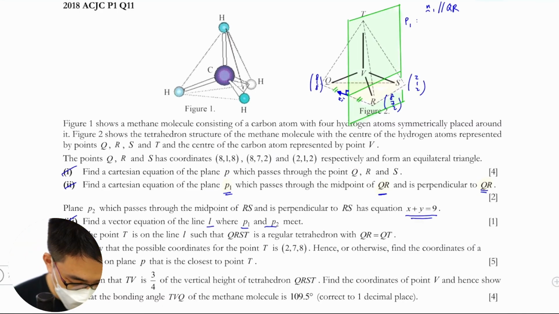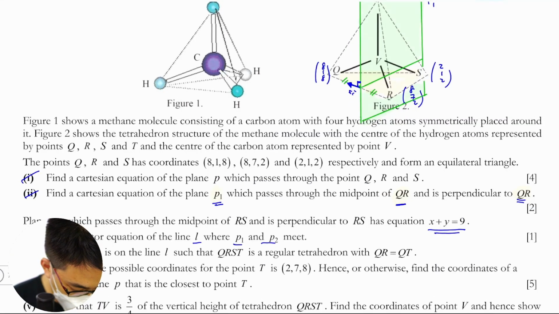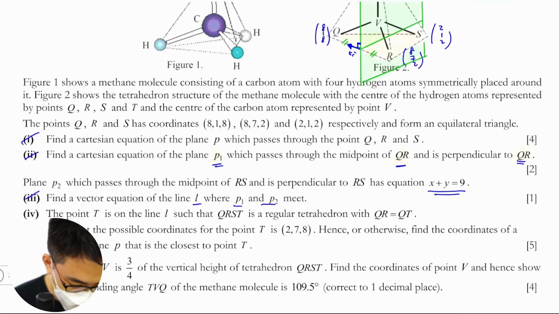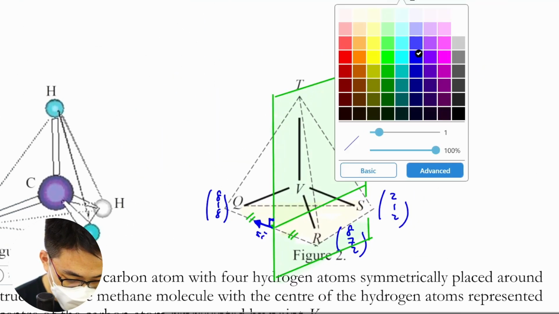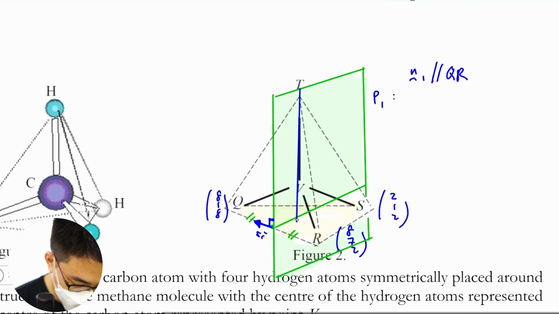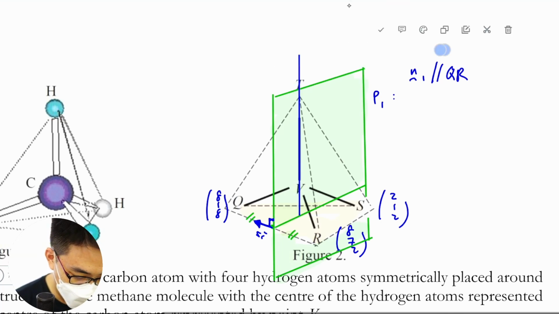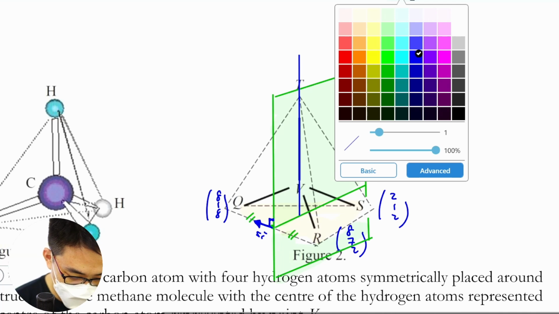For part 4, we try to understand what P2 is. P2 is another plane, so I'm just going to draw another plane here. Can you see that P2 intersects at T here? If you draw P2 out, it looks like that. Let me use another color.